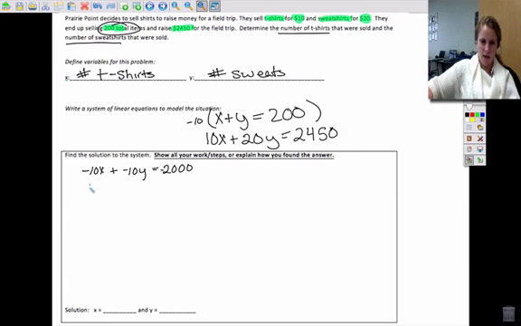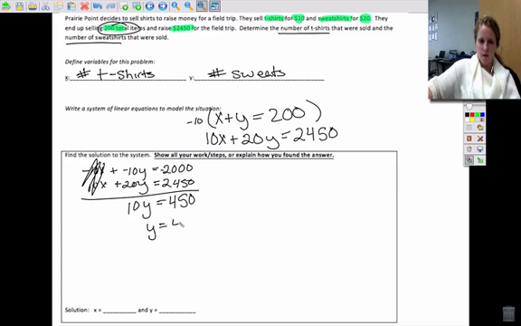Okay, and then I'm going to add that to 10x plus 20y equals 2,450. And that together, x's are going to cancel out. We're going to have 10y's equal 450 because -2,000 and positive 2,450 divide by 10, and y is going to equal 45.